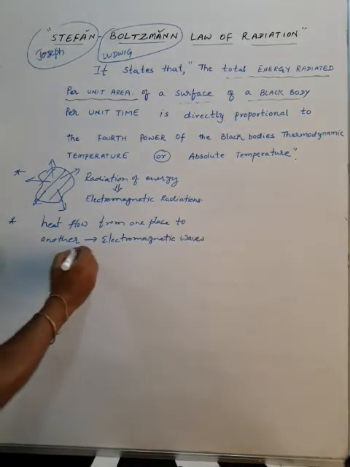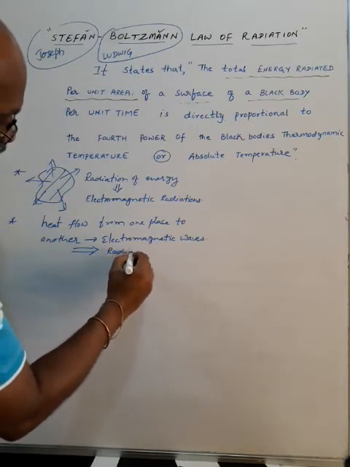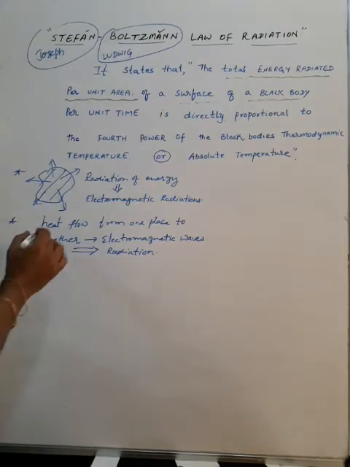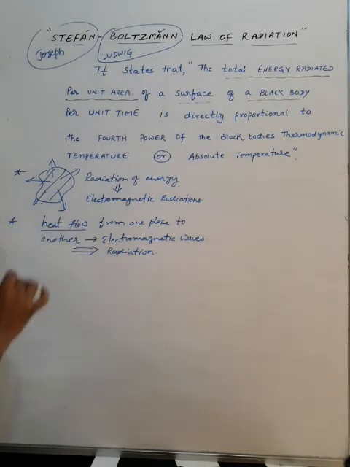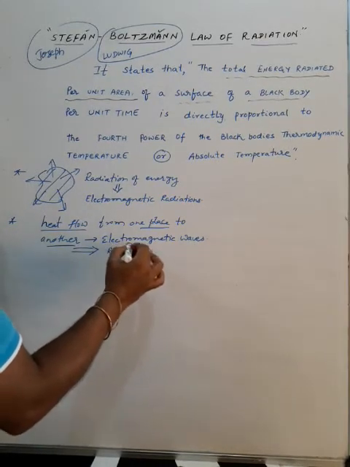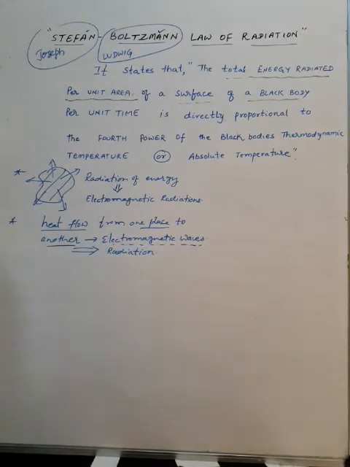So, this is another definition for radiation. You can describe radiation as heat flow from one place to another in the form of electromagnetic waves.